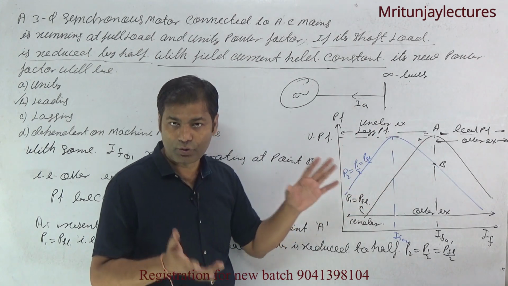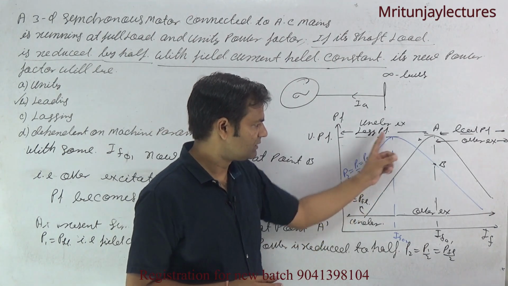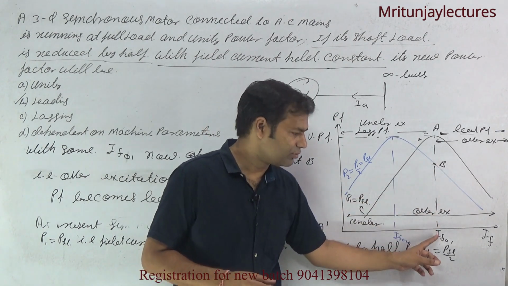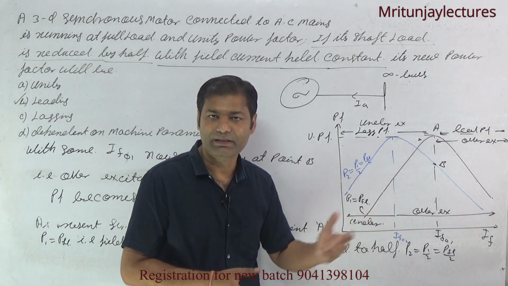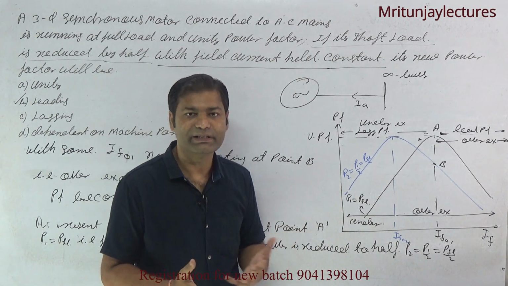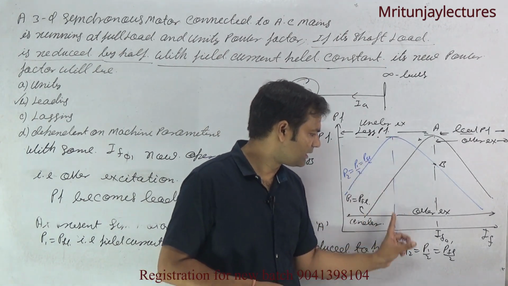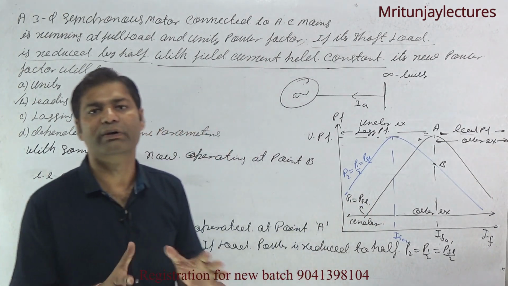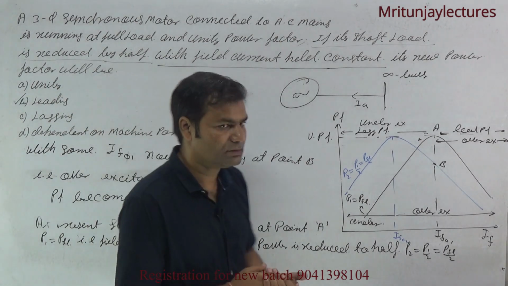If shaft load is reduced, like P1 by 2, then the operating point is B. This one is operating in the leading power factor region, or you can say the over excitation region. Why? This one is under and this one is over, so it is operating in the leading power factor region. So which one is the correct option? B is the correct option, that is leading power factor. Clear?